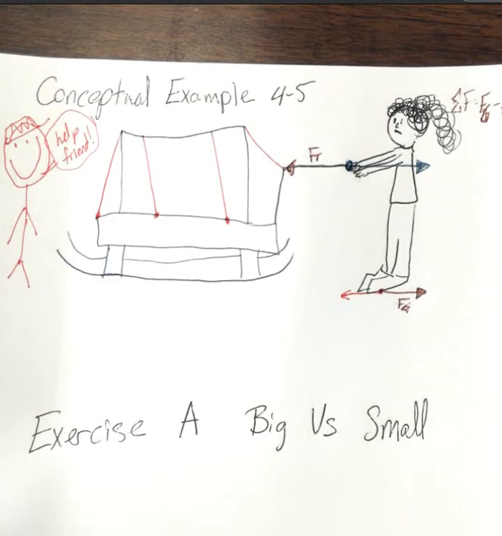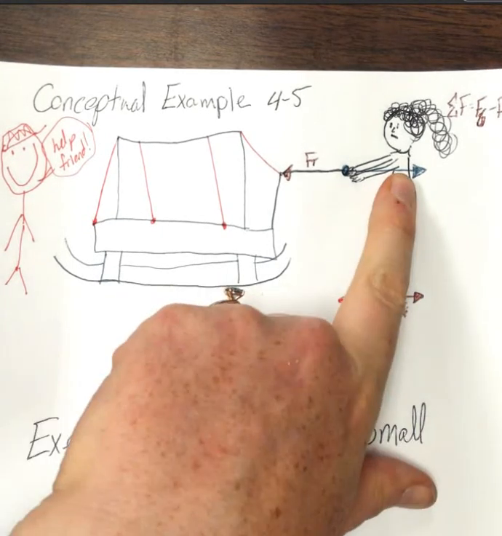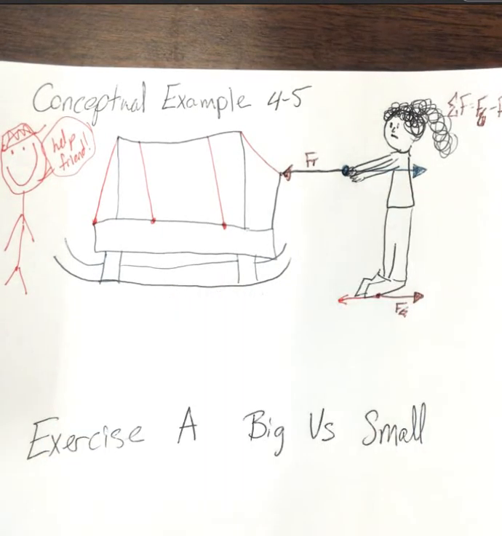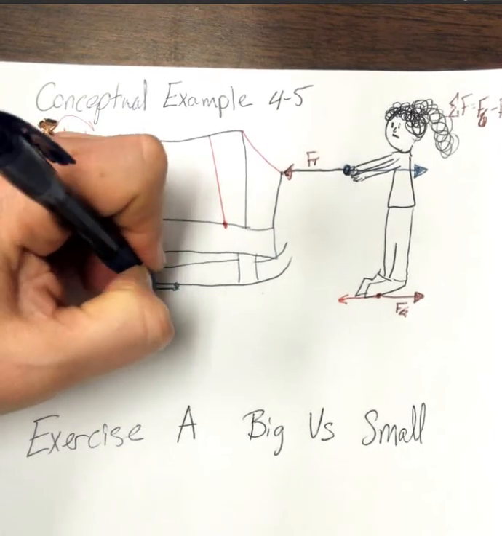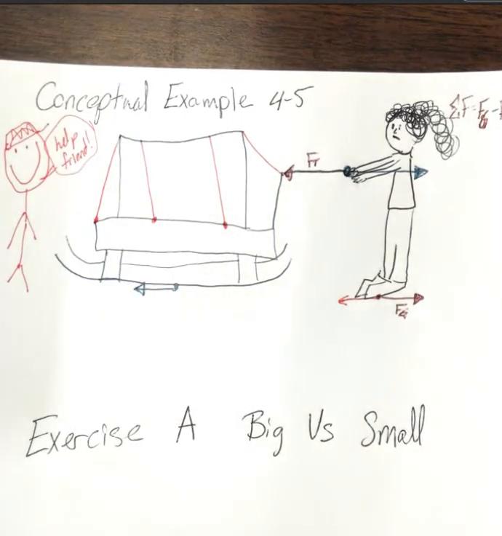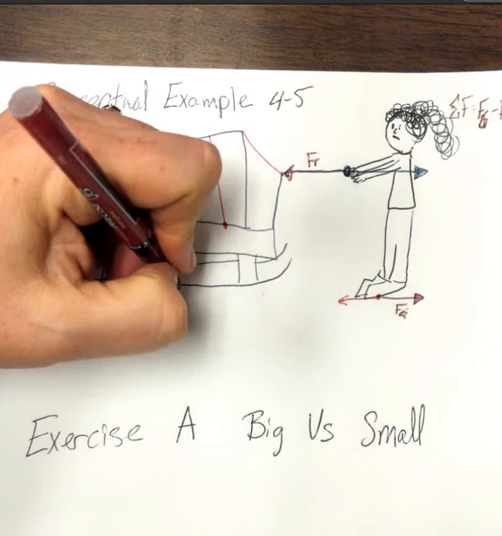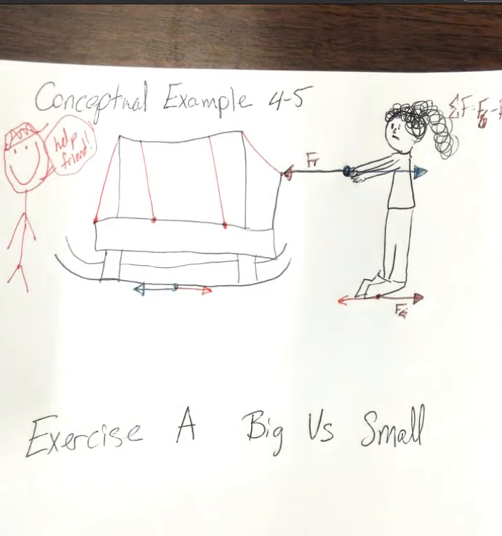Now, let's consider all of the forces that the sled is experiencing, because the sled is experiencing this pull from you, but the sled is also having an action-reaction pair with the ground. The sled is pushing back on the ground, which means that the ground is pushing forward on the sled.